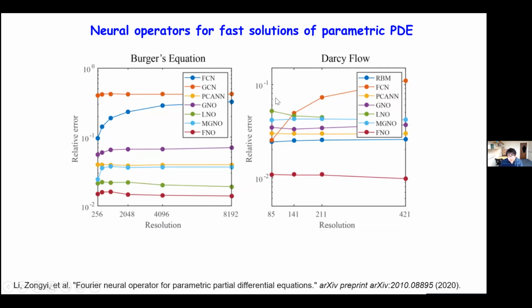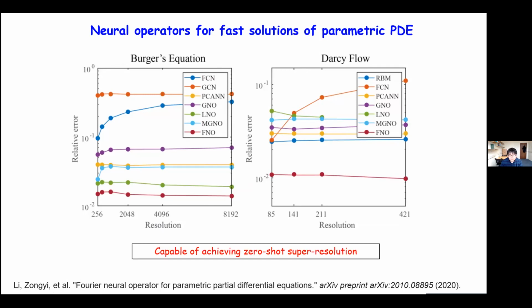And an additional good thing about doing supervised learning in function space is that we can really achieve the so-called zero-shot super resolution, meaning that because we're learning a kernel which is resolution independent, we can train our neural network at 256, and then we can test it at all other different resolutions. And in these two cases, this is exactly how the study is done.